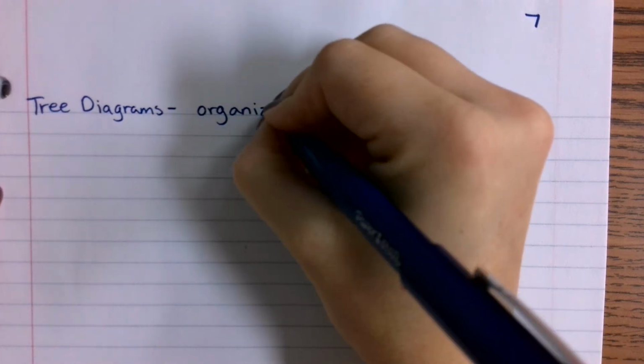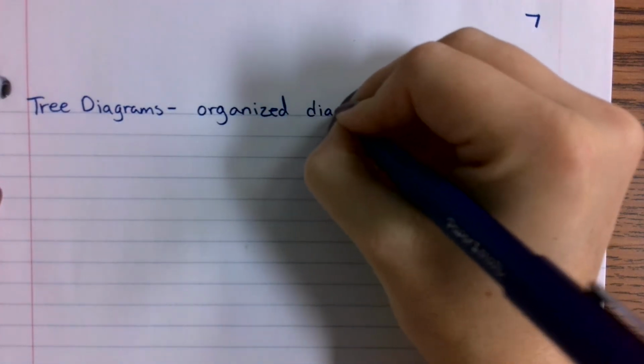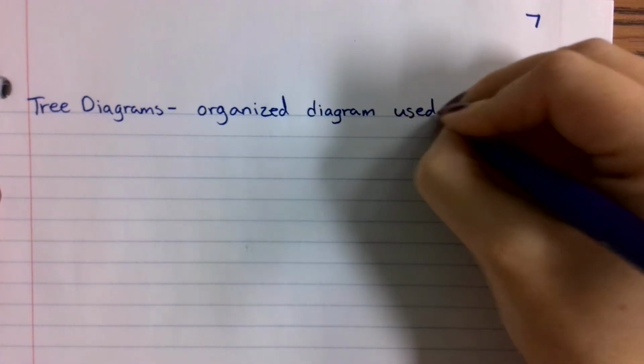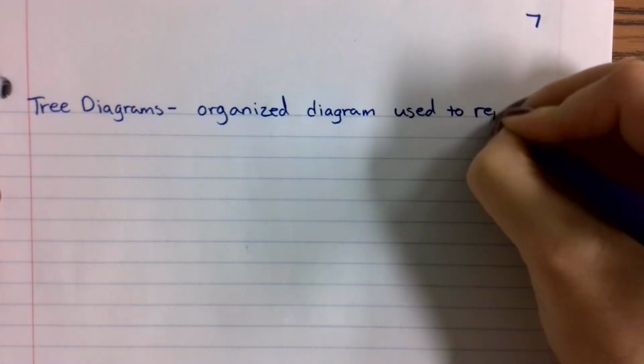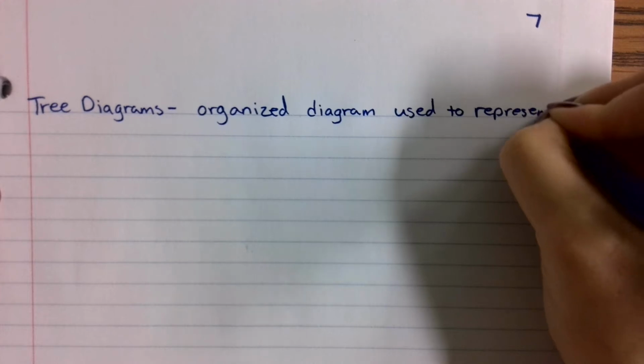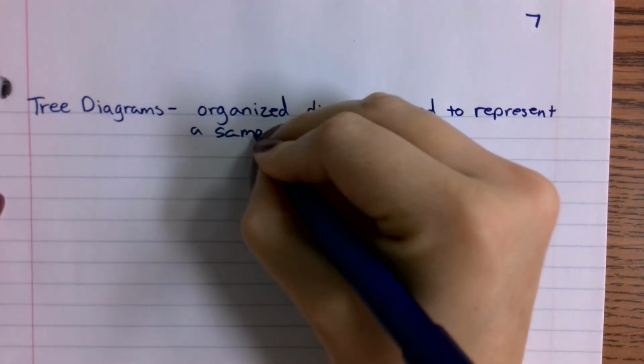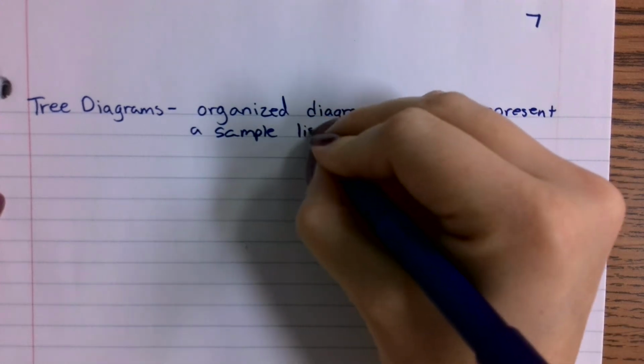So it's an organized diagram used to represent what we call a sample space. It's just a list of all possible outcomes.